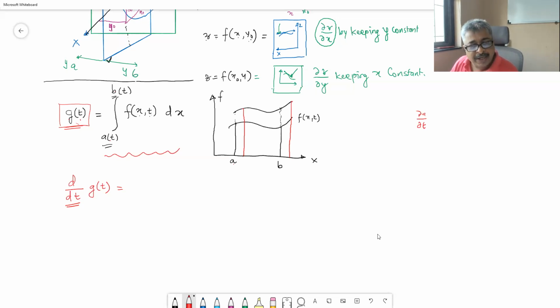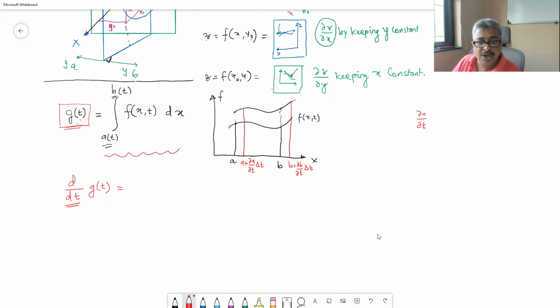So at this point, let us consider A plus del A by del T, that is the rate of change of A, into delta T. That is the differential time we are considering. Similarly, this will be B plus del B by del T, the rate of change of B multiplied by the change in time. And therefore, the function also will have some similar factor.